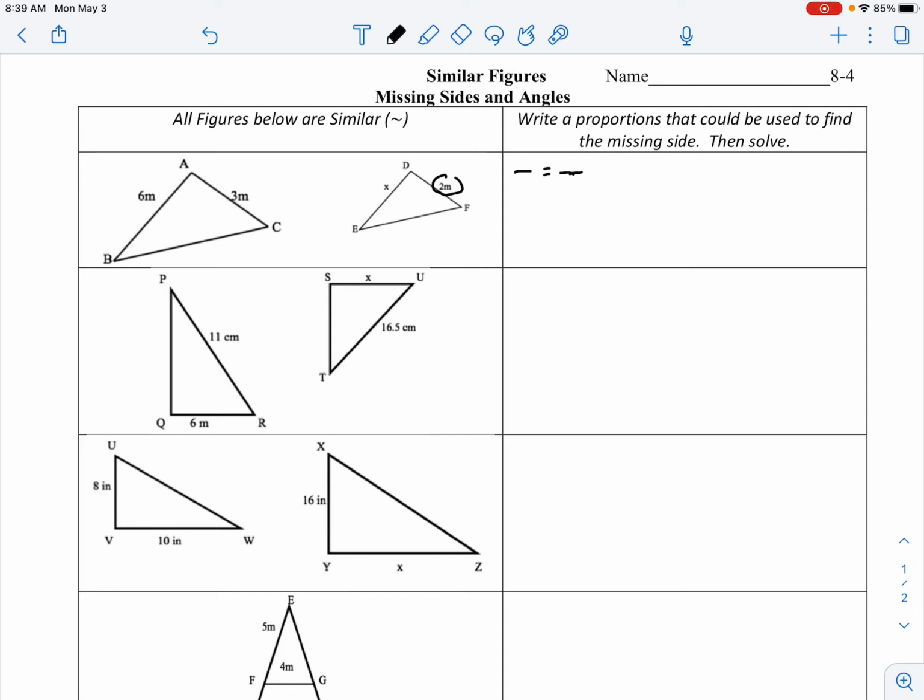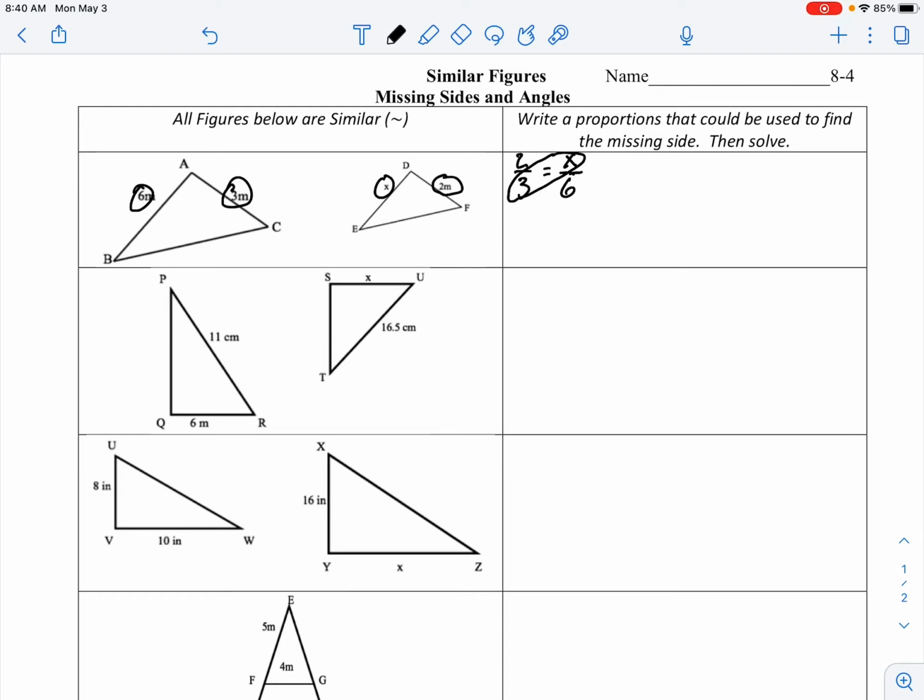So I'm going to go from my small shape, so I'm going 2 meters, and what corresponds with that? Well, it's going to be 3 meters on my big triangle. And then the unknown x will go on top, and that came from the small triangle, so it goes up top, and 6 for the bottom of that one from my big triangle.